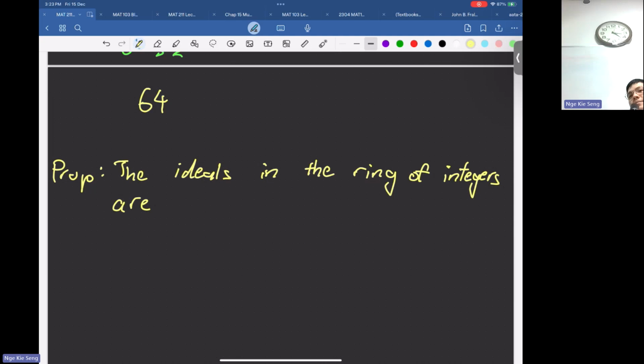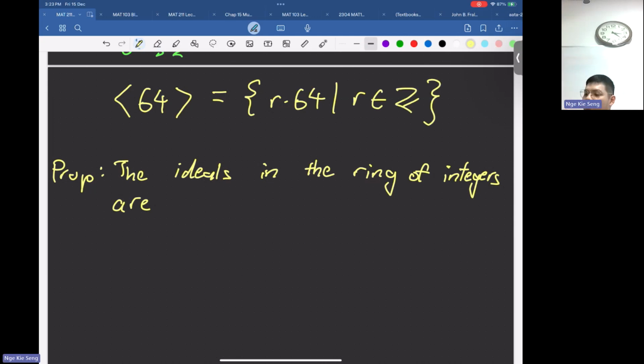How do you generate the ideal? Take all the multiplications of r with 64, where r lives in the ring. What's our ring? Our ring is Z. So these are the multiples of 64.